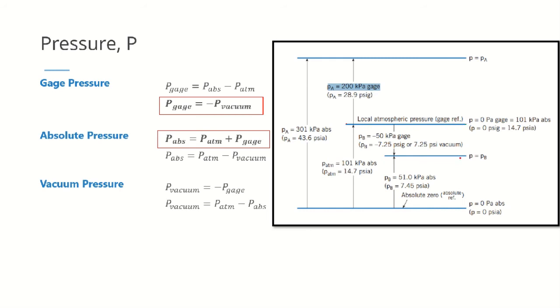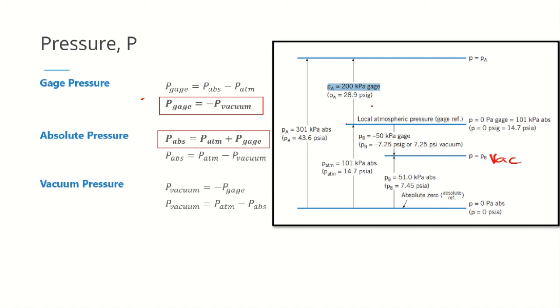Kaya masasabi natin si PB ay vacuum pressure. Okay, so ayan, sulat natin dito. So ito, PV is vac. Yan, si PA is above at local atmospheric pressure.